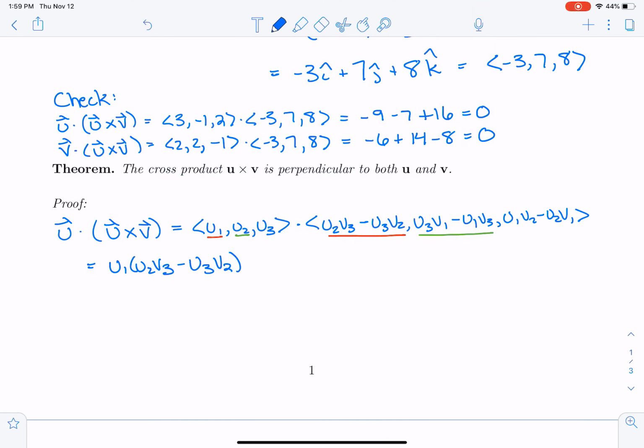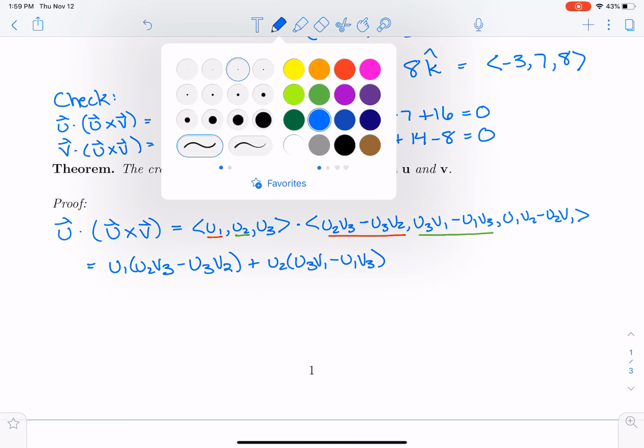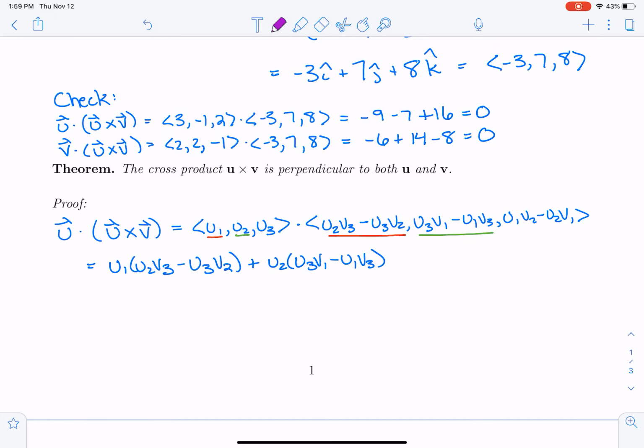So I'm going to get u2 times u3v1 minus u1v3. And then I'm going to do the third component, u3 times the third component there. That is going to be plus u3 times u1v2 minus u2v1.